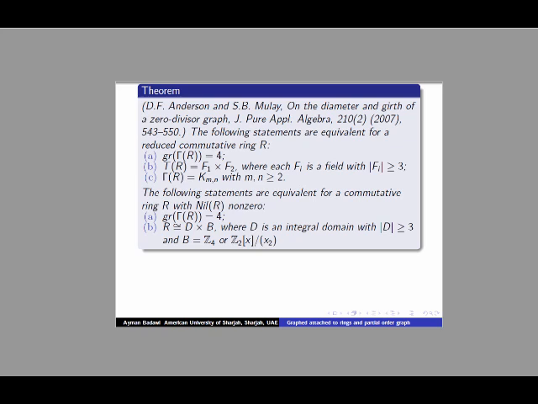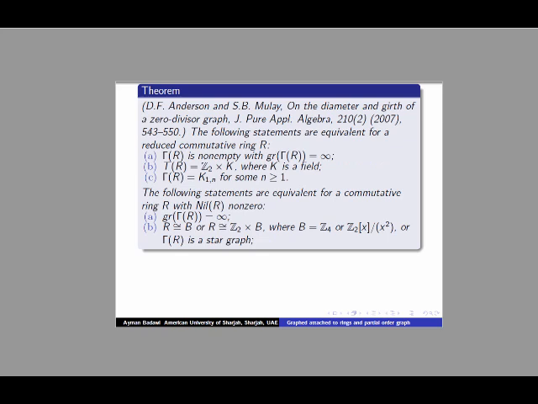Then for girth 4, R will be isomorphic to D cross B, where D is an integral domain, and B has to be this ring or this ring. So if the girth is 4, we know how the ring looks like.